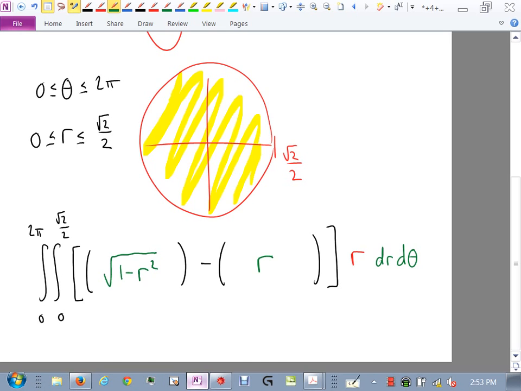The sphere goes on top, or goes before the cone, because the sphere is on top of the cone. And then let me distribute the r through there. I'm just going to write down what this would be. It would be r times the square root of 1 minus r squared, minus r squared. That would be what you're going to integrate, with respect to r, then with respect to theta.